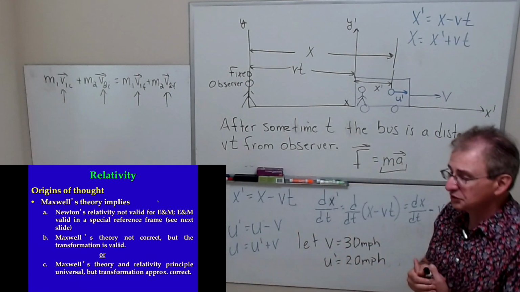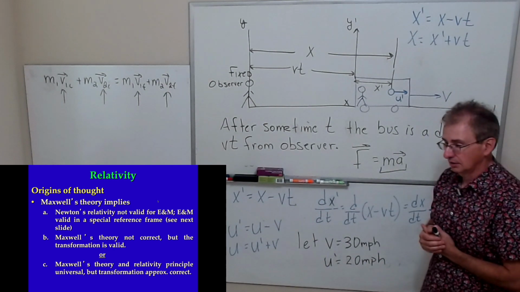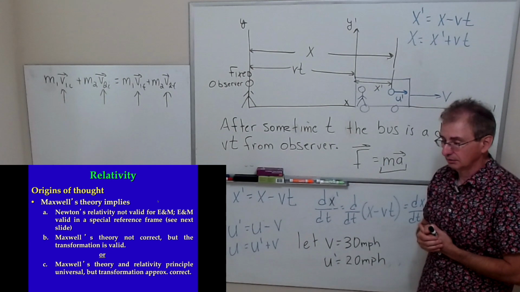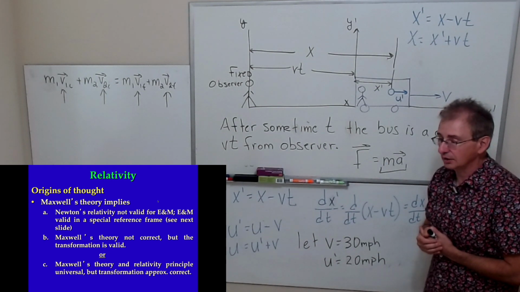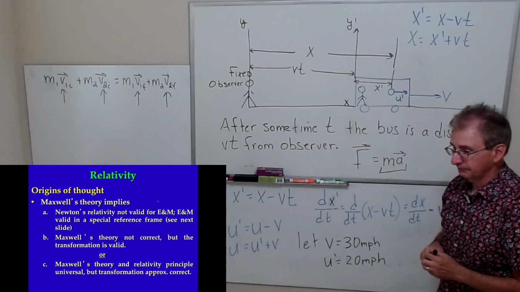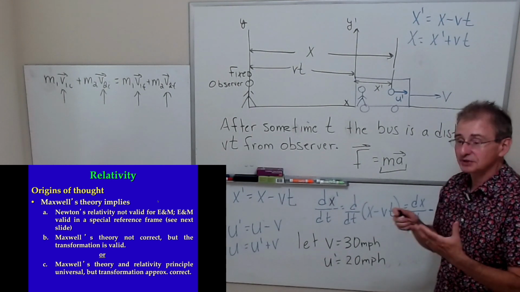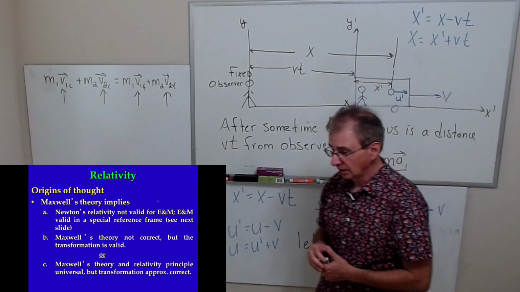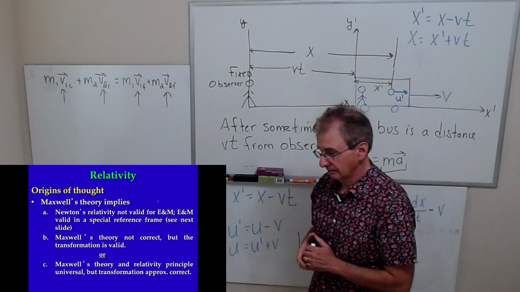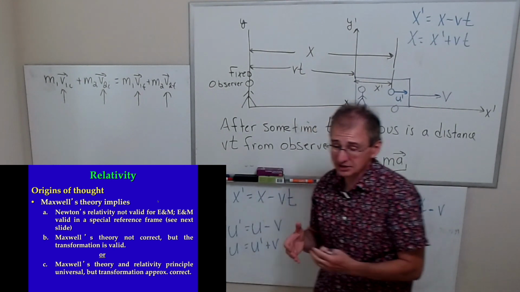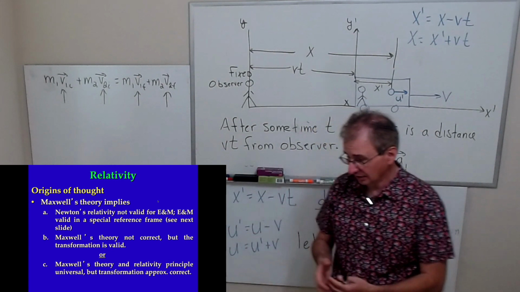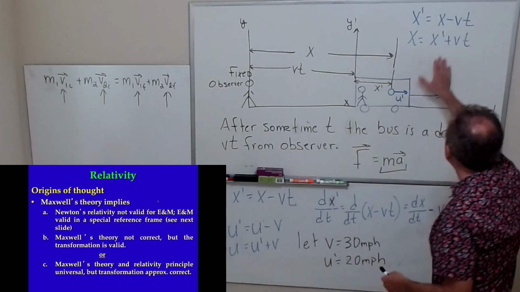So this is what it implies. It implies one of three things. Either Newtonian relativity doesn't work for E and M. E&M, electricity and magnetism, only work in a special reference frame, or it implies that the laws of electricity and magnetism, which are basically guided by Maxwell's equations, are not correct, but this is valid.